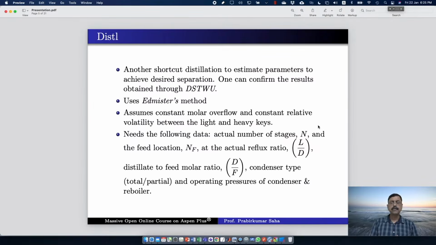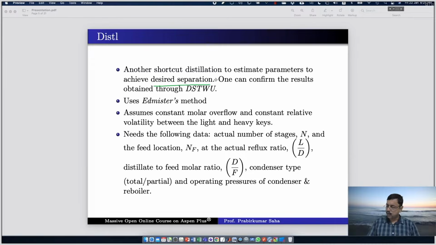The next one is DISTL. It is another shortcut distillation to estimate the parameters to achieve desired separation, and one can confirm the results obtained through DSTW. It uses the Edmister method and it also assumes the constant molar overflow and constant relative volatility between the light and heavy keys.